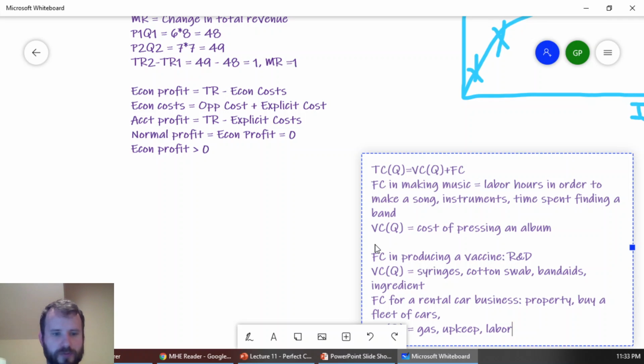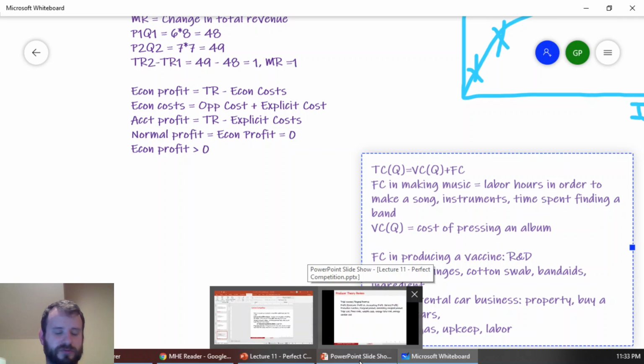Over a year, is that same rent a fixed cost? Maybe, but over 2 years, probably not, because you could swap it out, decrease your fixed cost over the long run. Maybe not rent at all.